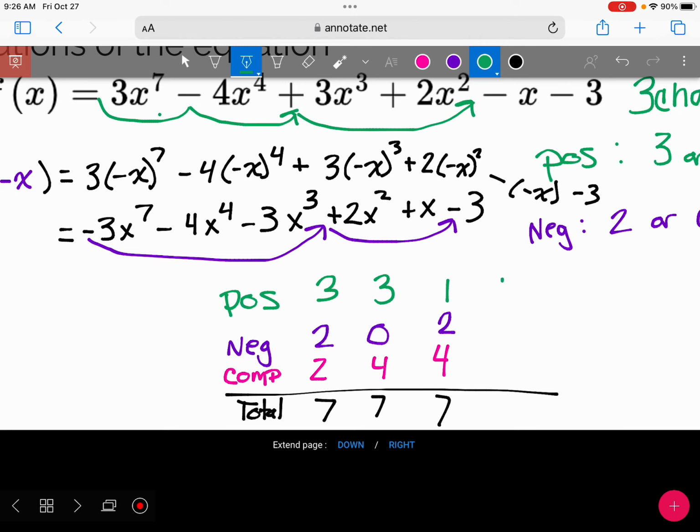Maybe I have 1 positive root and no negative roots. How many complex roots do we need here? 6, because no matter what, I need to have a total of 7 roots. And those are all the possible options for how many roots there could be.